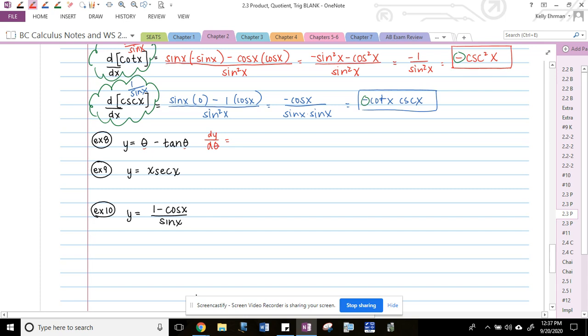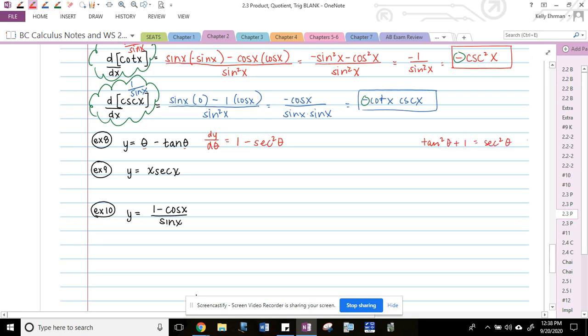The derivative of theta is 1. And we said the derivative of tangent is secant squared. So 1 minus secant squared theta. Now with these trig ones, how far do I have to take it? Is this one of those identities? Remember we said tangent squared theta plus 1 is secant squared theta?